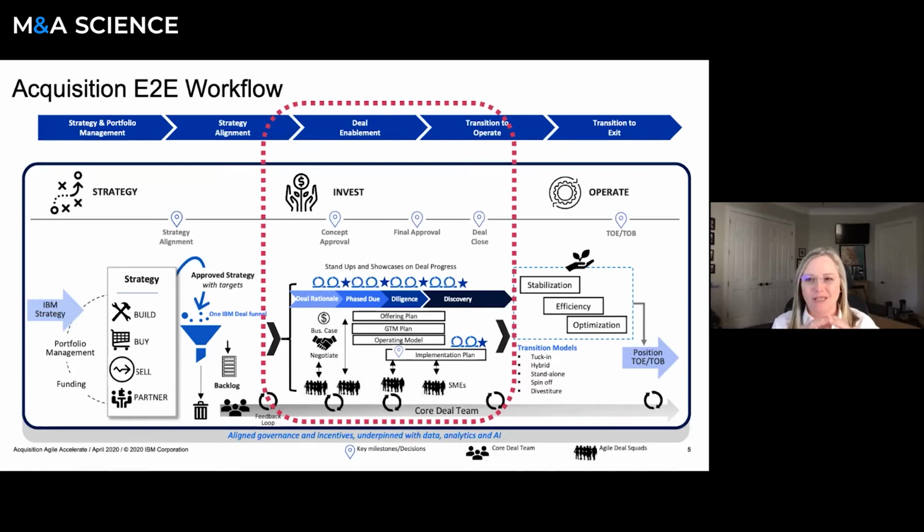We have implemented a new role, an engagement manager role, to really tie together the investment thesis, the value drivers, the risks and activities, the business case modeling, looking at go-to-market, route-to-market capabilities and offerings, and then tying that all together in a deal thesis.